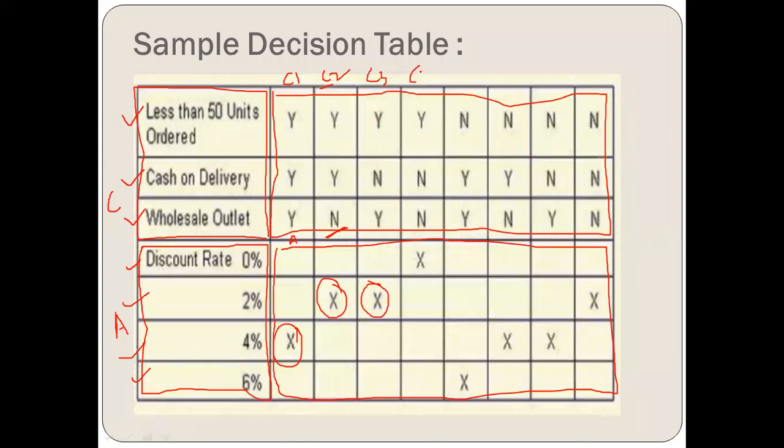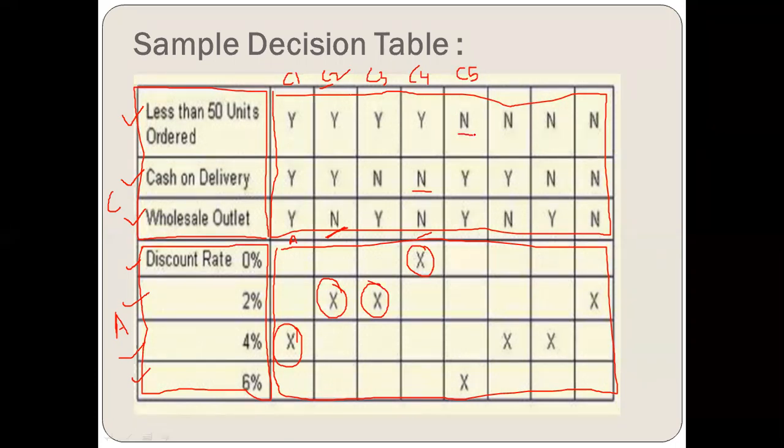For condition 4, less than 50 units ordered, cash on delivery, no, and no wholesale outlet is chosen, so no discount will be given. The discount is 0%. Then we have fifth condition, which says the order is not for less than 50 units.